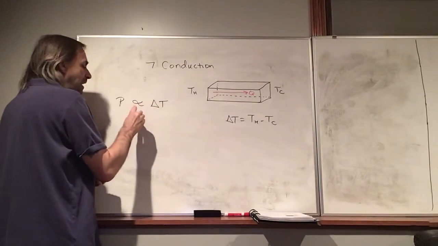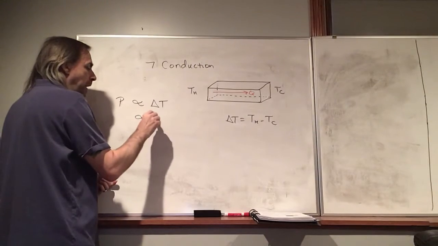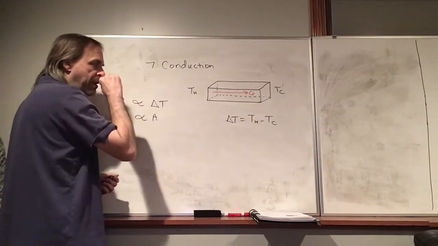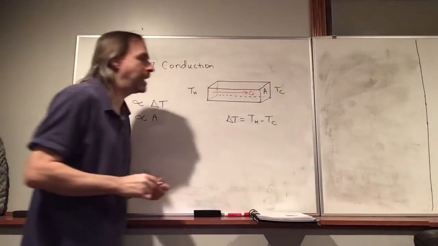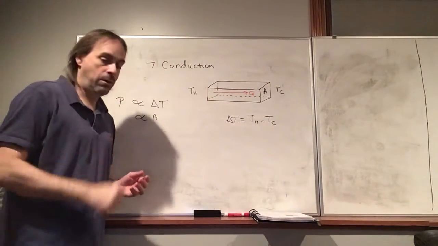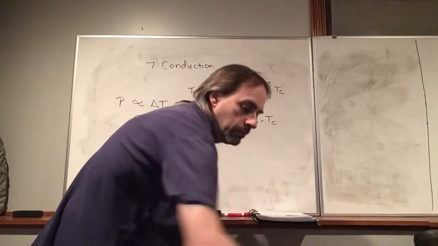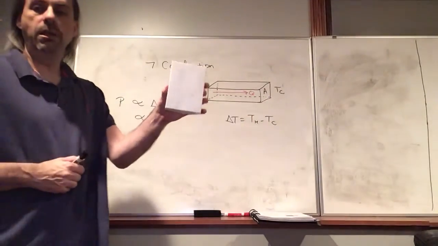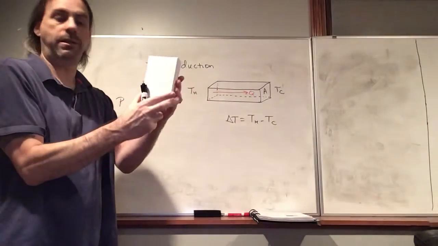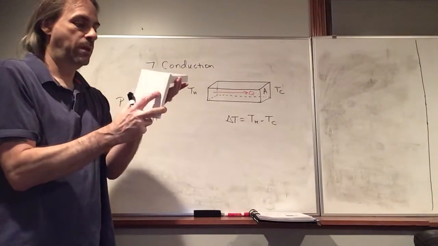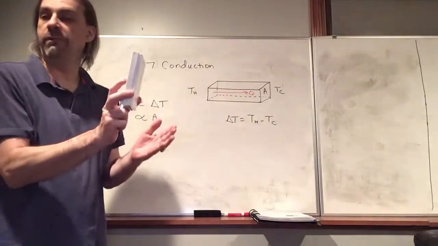I'm also going to say that the power is proportional to the area. And what I mean by area is this cross-section area. Like say this is a rectangle. You're looking at it. It's not a very big rectangle. Actually, a very thin box.